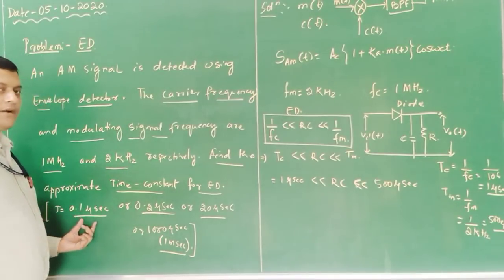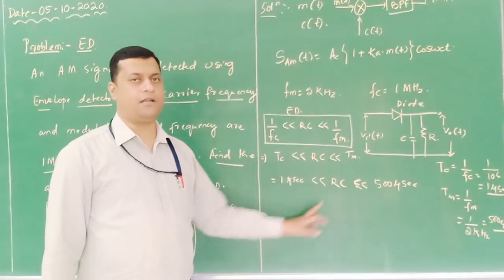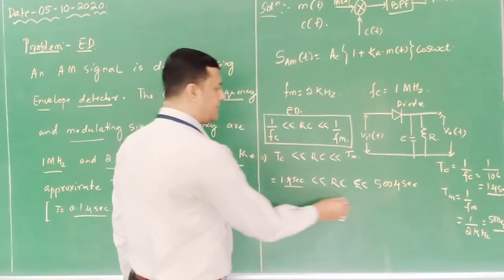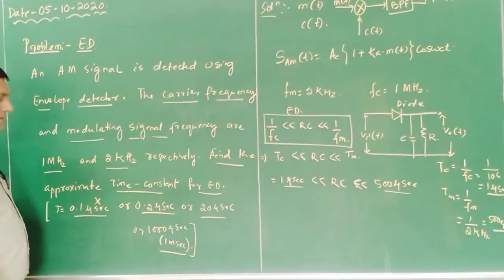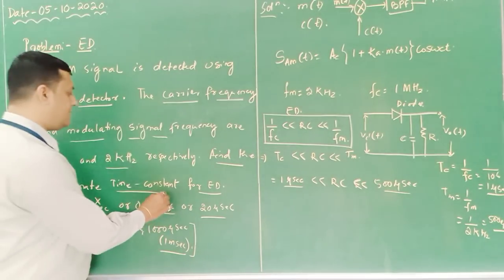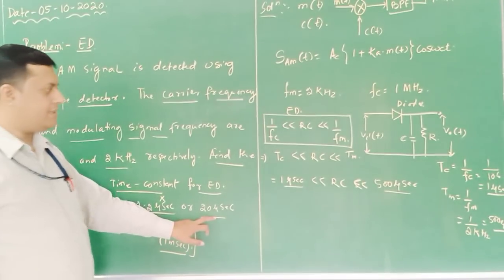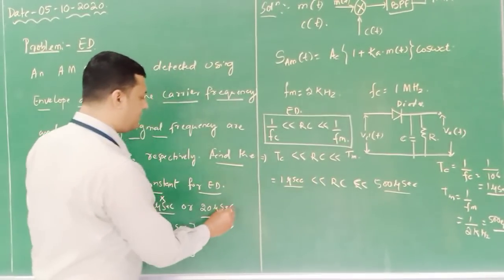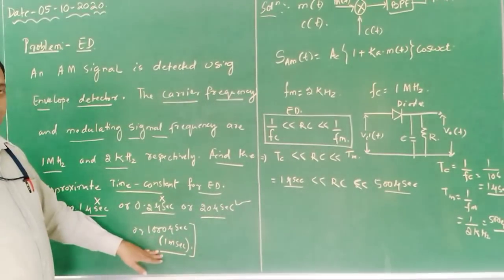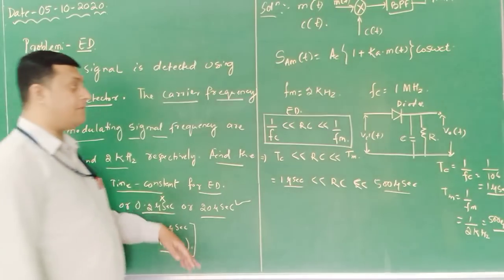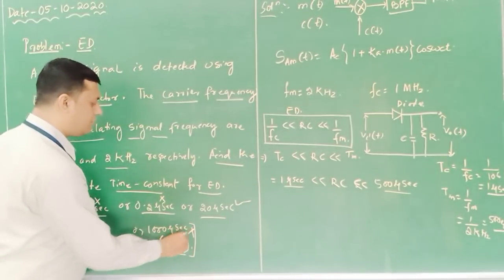First, 0.1 microsecond won't fall in this range. The range is 1 microsecond to 500 microsecond. So it won't fall. Next, 0.2 microsecond is also not possible. Third is 20 microsecond. Yes, it is possible. Fourth one, 1 millisecond or 1000 microsecond. But our highest limit is 500 microsecond, so this is also not possible.